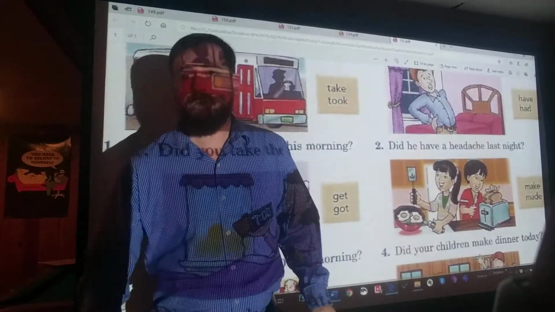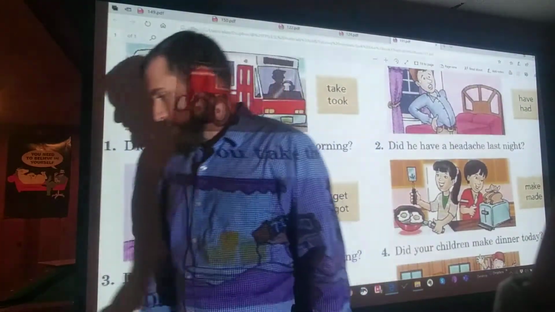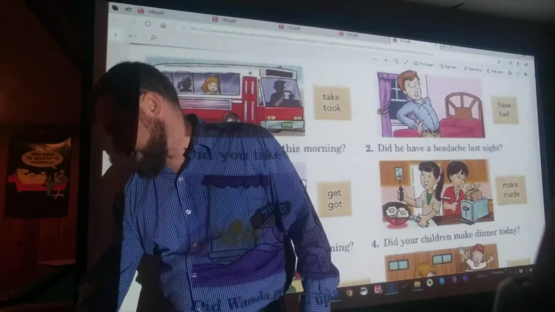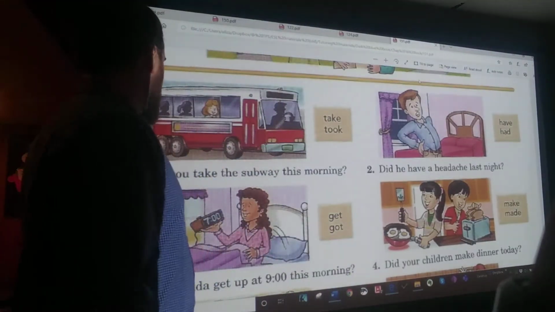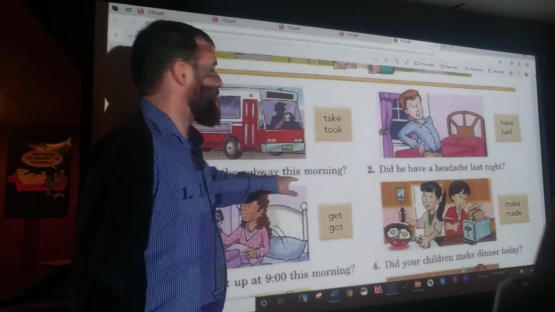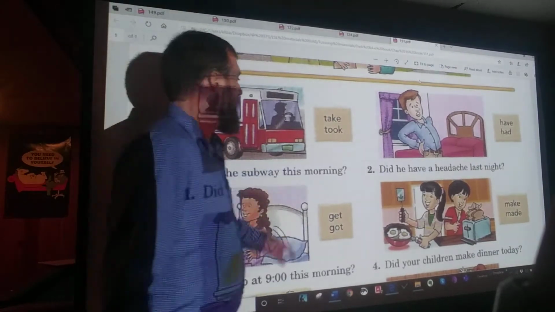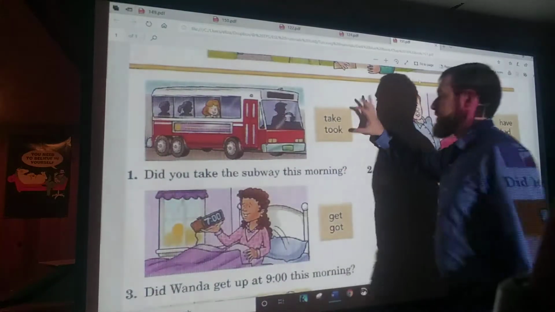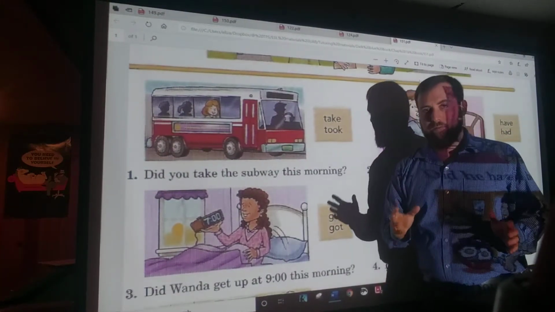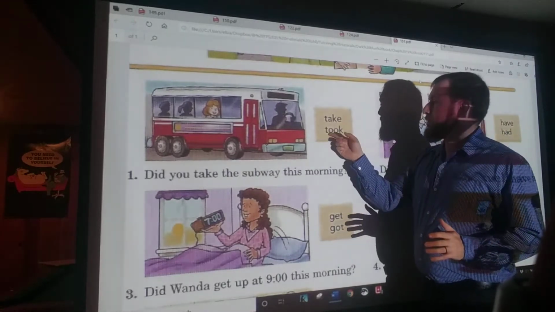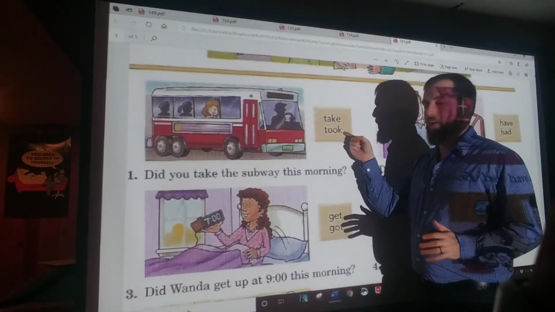So, take out your sheet of notebook paper and write down, number one, did you take the subway this morning? Write that down. And then over here in the box, they're telling us that take is an irregular verb. And the past tense form of take is took.